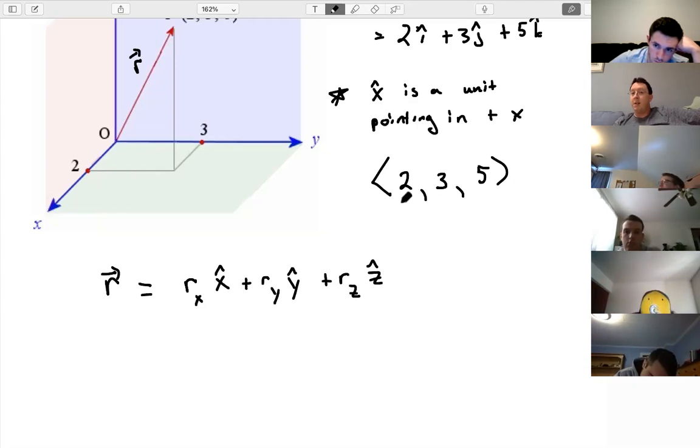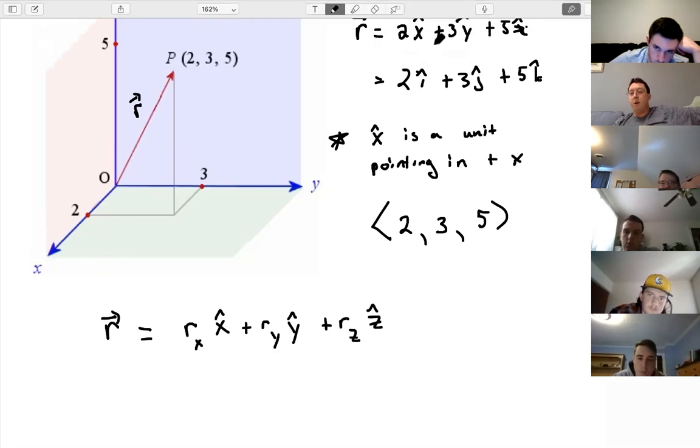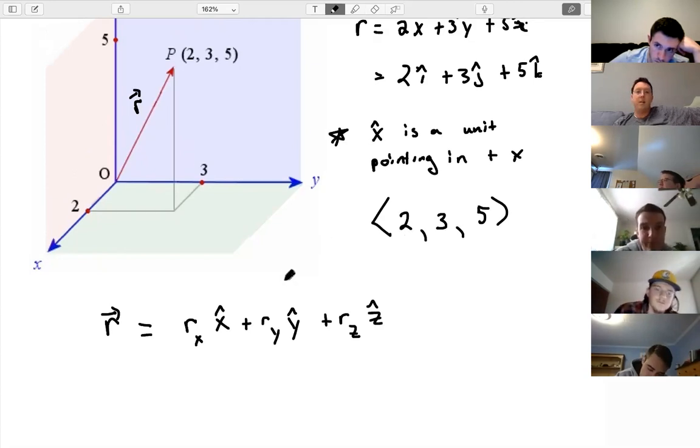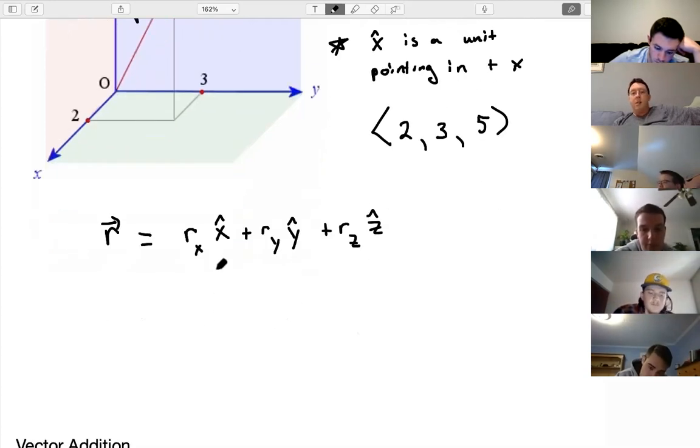Does this first piece mean the radial unit vector? Does this mean the polar unit vector? Does this mean the azimuthal angle unit vector? It's ambiguous. So when there's an ambiguity, I will write it out like this. If I really mean Cartesian coordinates, I might write it like this just because it's fast and I'm lazy. But when I want to have no ambiguity, I'll write it like this.